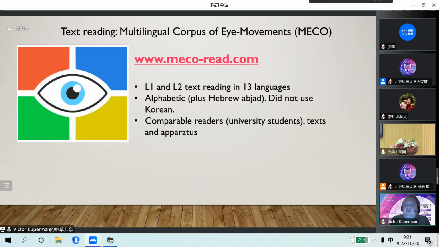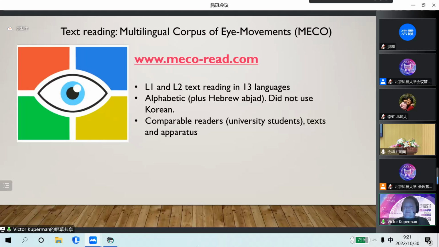And this one comes from our own work that we've done in eye tracking studies of text reading. Specifically, it's a work that combined or brought together 13 languages and 13 different labs under an umbrella of the multilingual corpus of eye movements, the so-called MECO corpus.